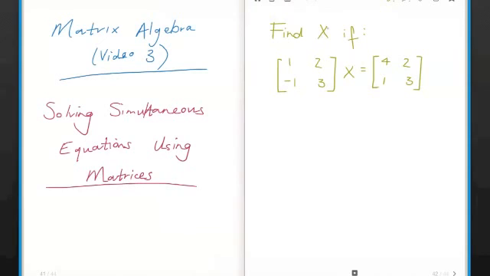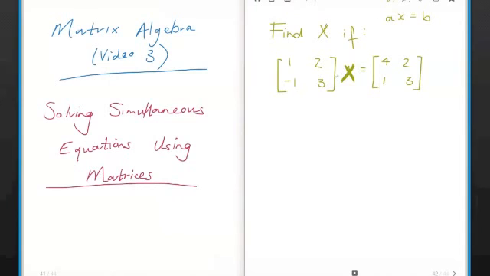So the first example we have is find x. So x is a matrix. Find x, we don't know anything about it. Find x if this, we can call it AX equals B. So it's like having just ax equals b, but in matrix form.